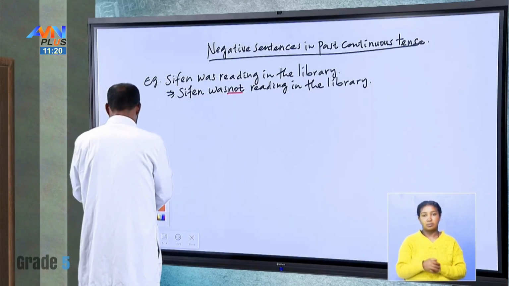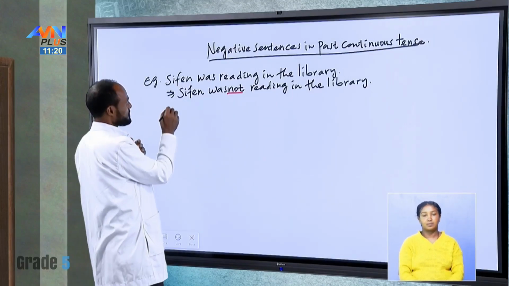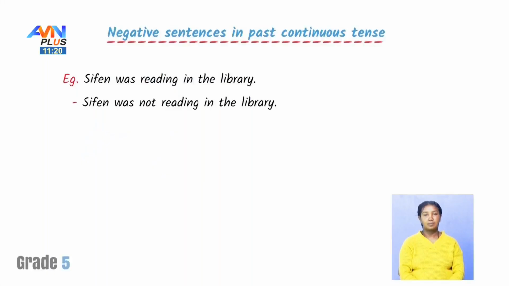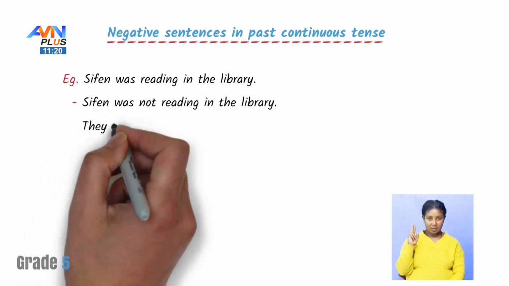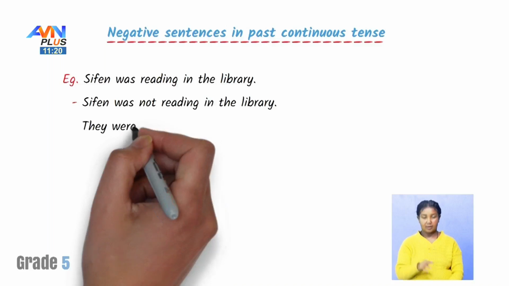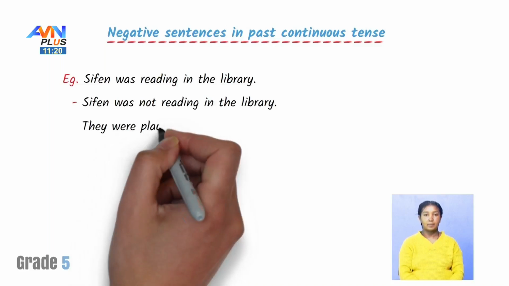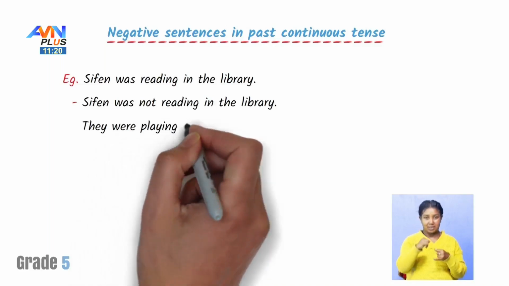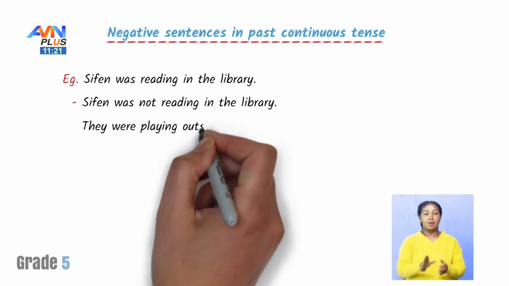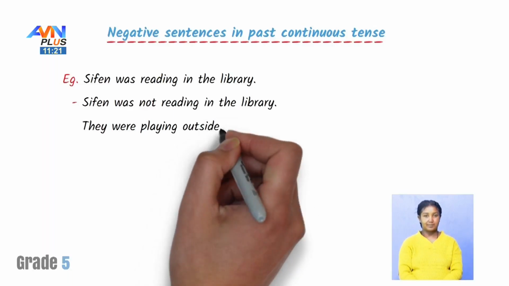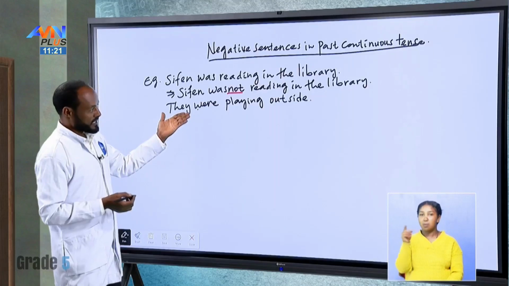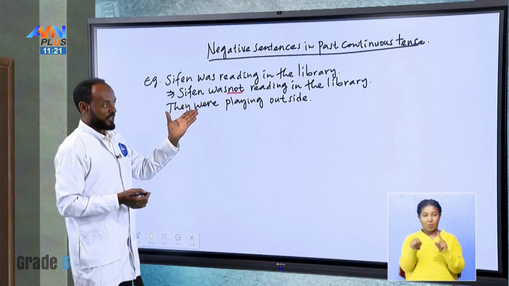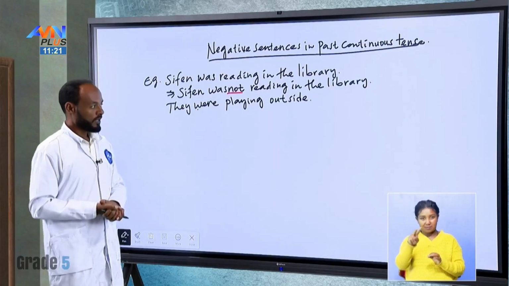So, let's go to the next example. They were playing outside. This one is a positive sentence or affirmative. So how can we change this one into negative?